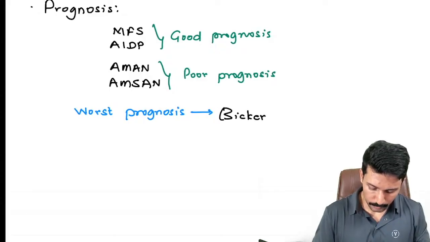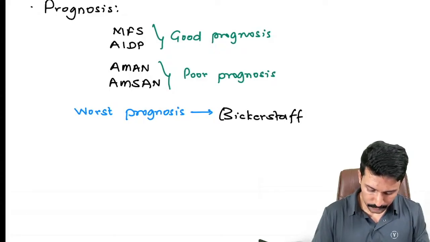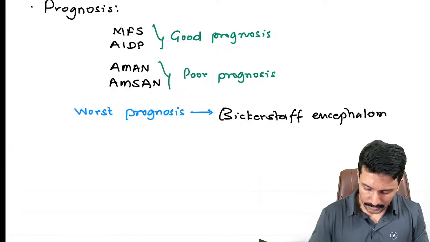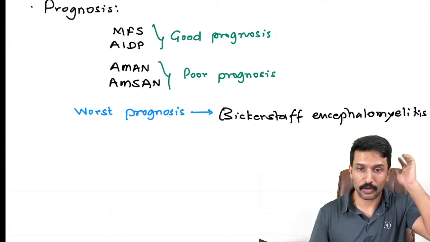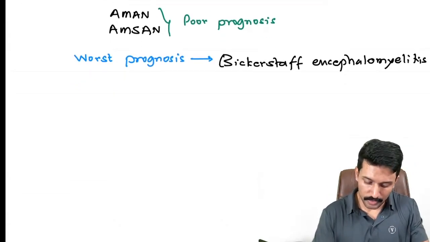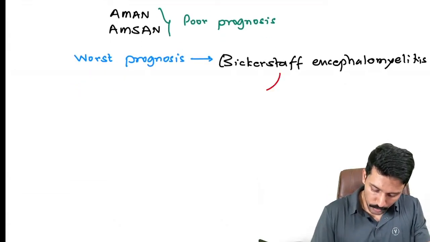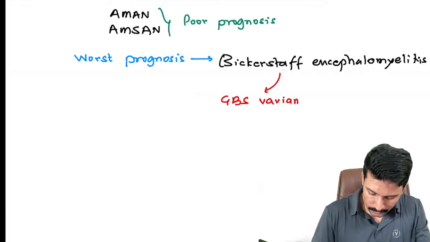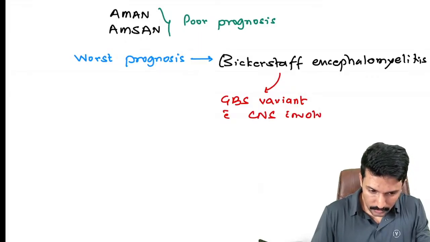It is called Bickerstaff encephalomyelitis. So what does that mean? Encephal means brain, myel means spinal cord, means both are CNS. So this variant is also an important MCQ. It is a GBS variant with CNS involvement.